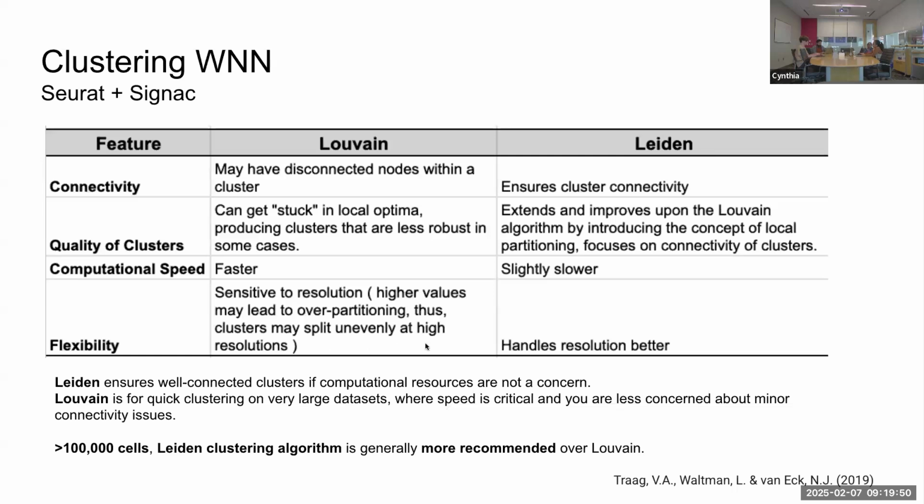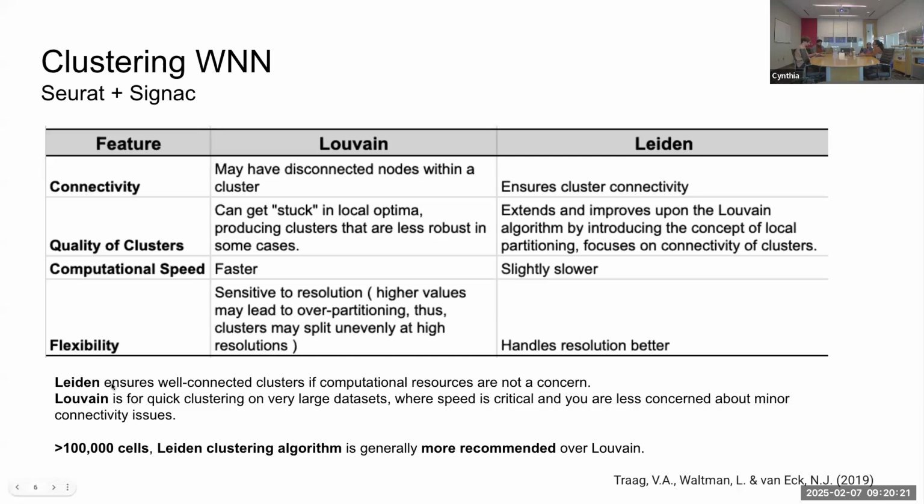In terms of flexibility, both approaches have enough features to try to avoid the over-partition of the data. In simple terms, we can increase or decrease the resolution, and we can also define how many neighbors we want to consider to produce the clusters.